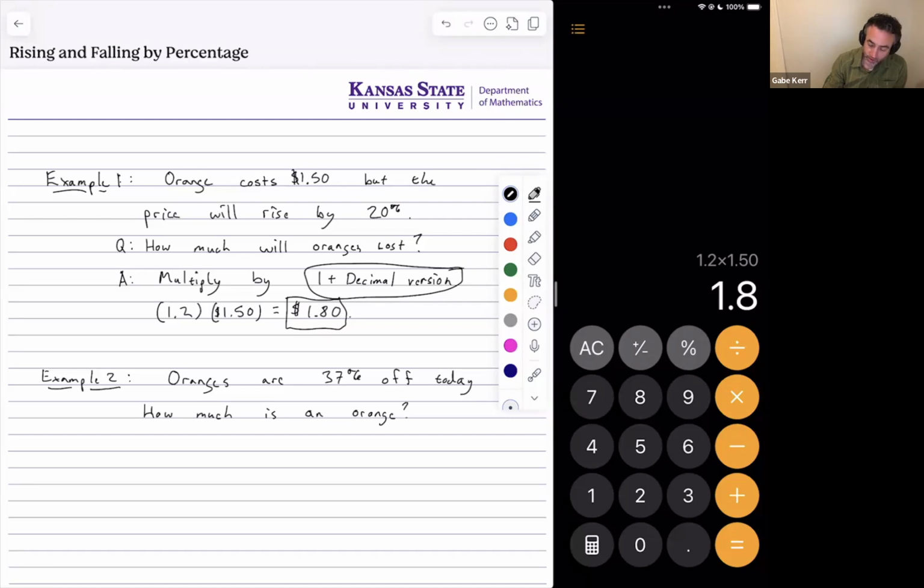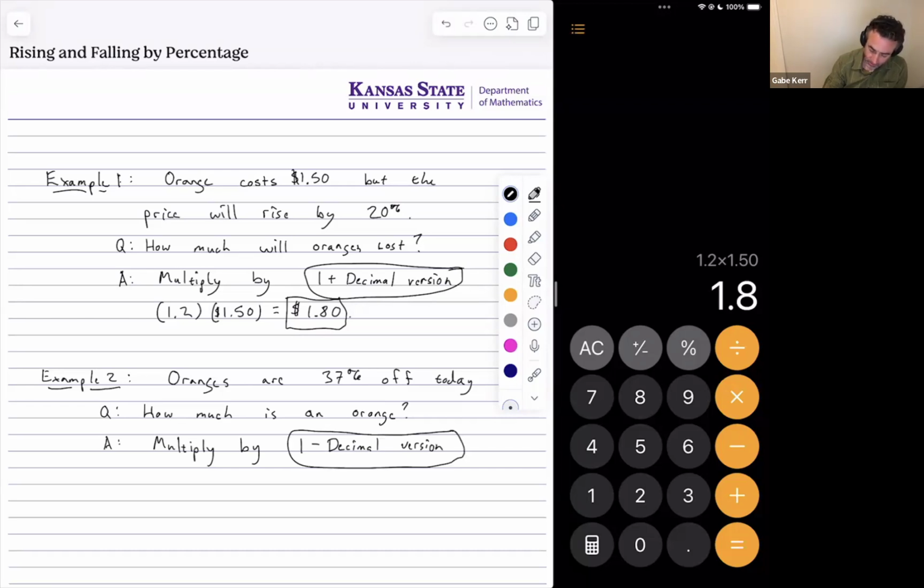And what you do in this case is convert the 37 percentage points into the decimal, but now we don't multiply by 1 plus that amount, we multiply by 1 minus that amount. So we multiply, because we're getting a negative here, by 1 minus the decimal version. We're talking about a fall.